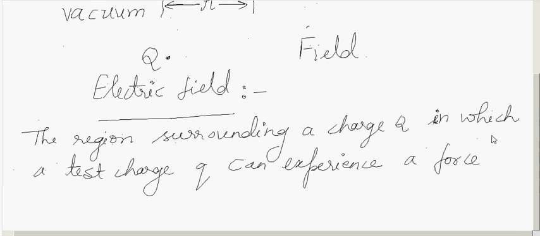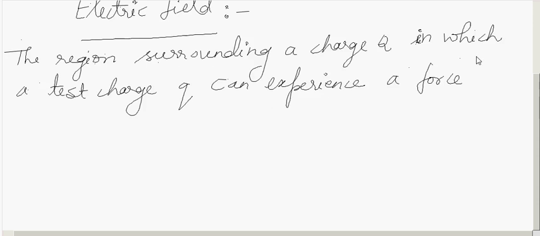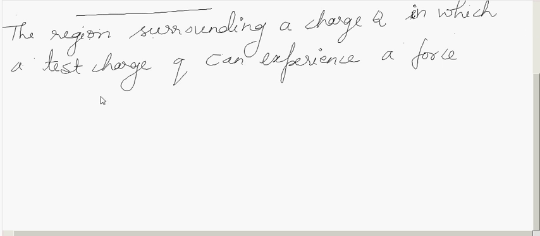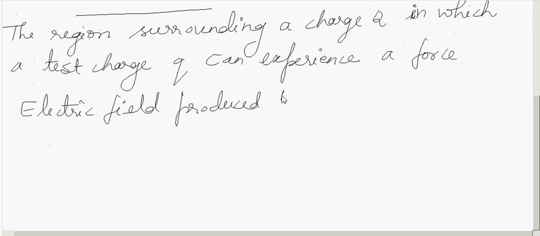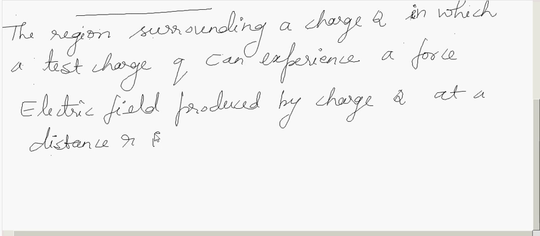So how do we measure this electric field? The electric field produced by the charge Q at a distance r is given by E is equal to F by q.